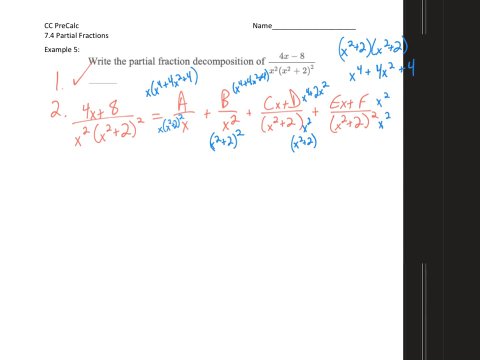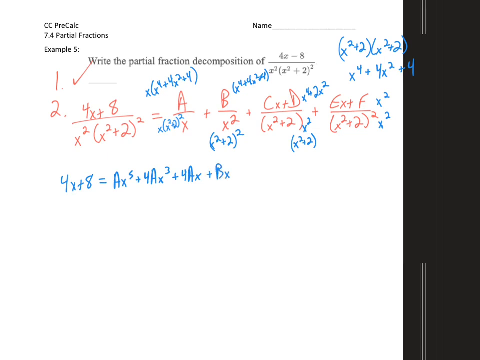Okay, so here we go, matching stuff up. 4x plus 8 equals, distributing, I've got an Ax to the 5th plus a 4Ax to the 3rd plus a 4Ax. It's all from my first fraction.